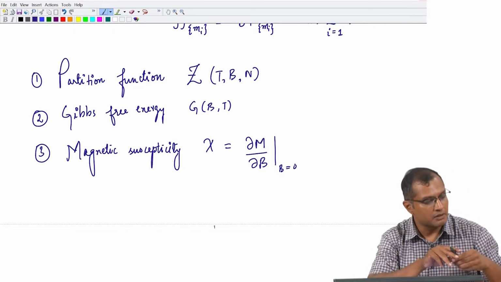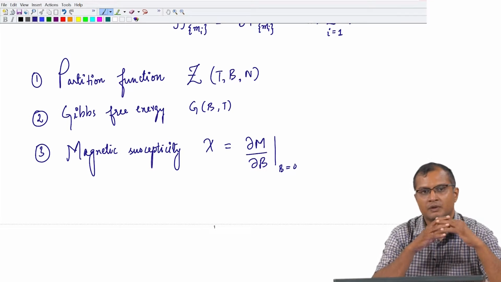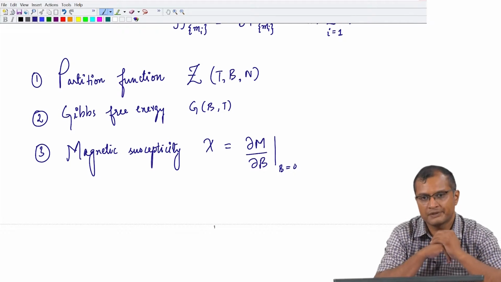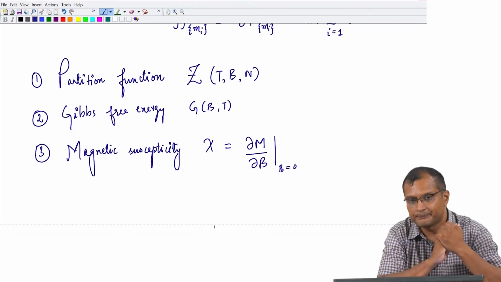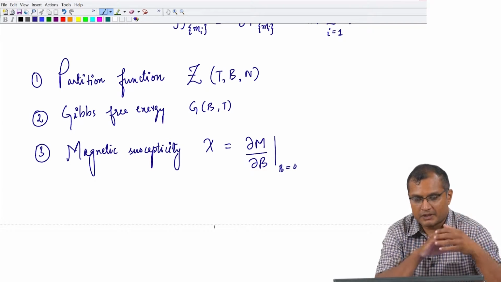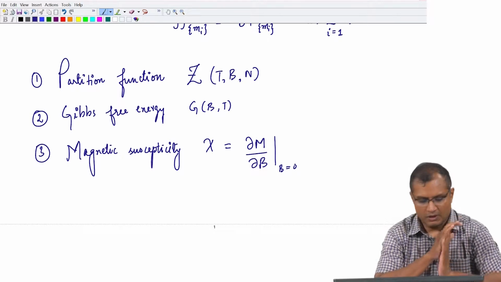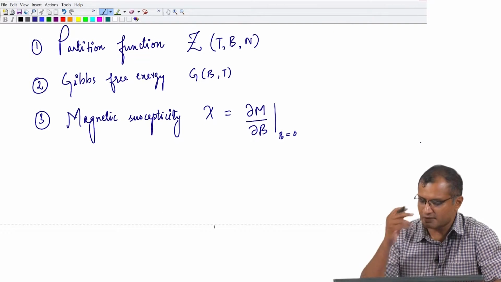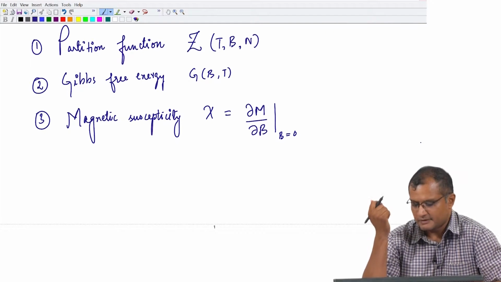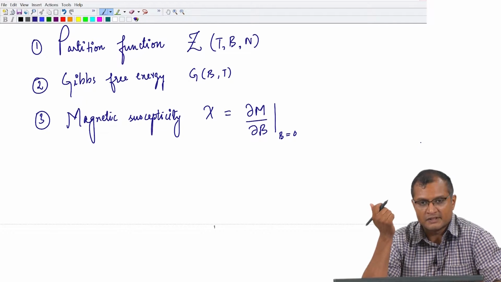If you want to expand magnetization in powers of the field, then the leading term of that expansion will be the susceptibility, the Taylor expansion of magnetization. So, to linear order, the rate of change of magnetization with applied field for very small values of field gives you the susceptibility of the system.